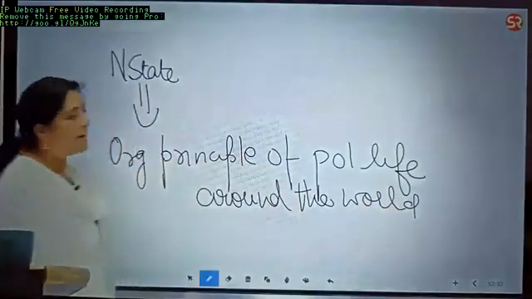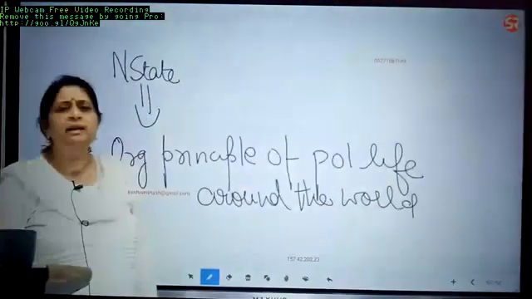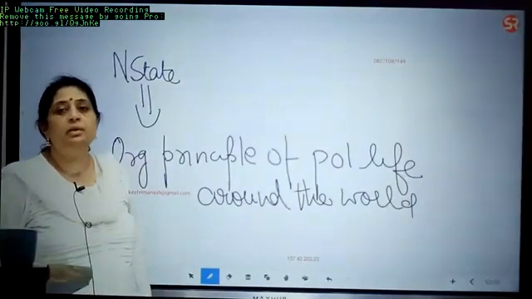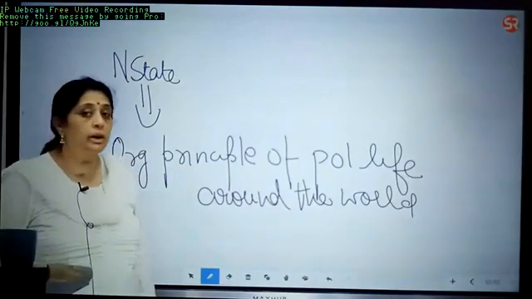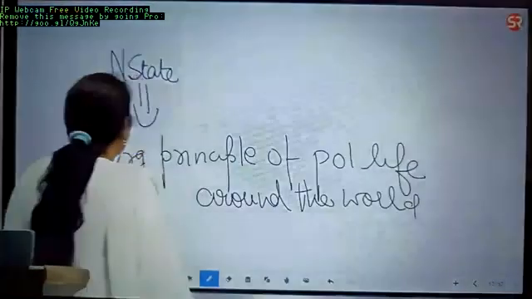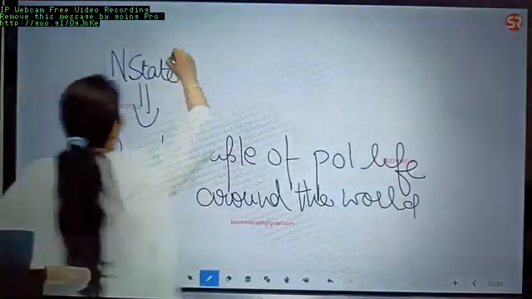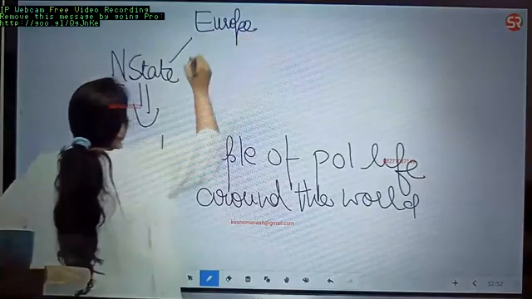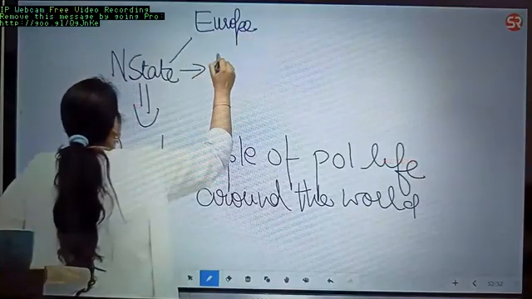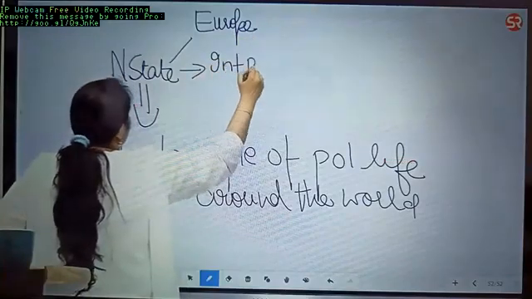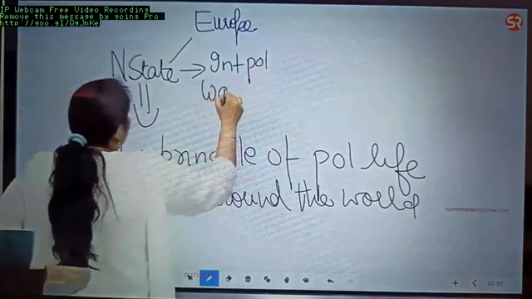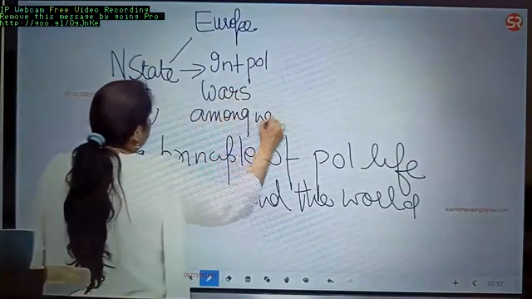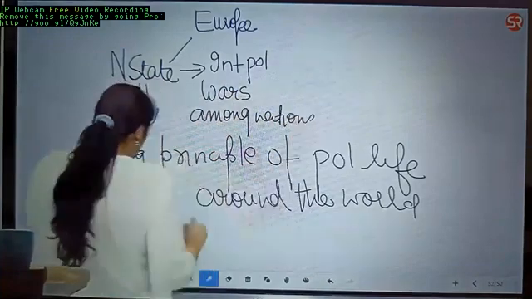This experiment has not been very successful in the developing countries or the poor countries or which were under colonialism. Okay? And then if you see in Europe, what happened after the formation of Europe? Emergence of international politics, wars among the nations of Europe. Fine.